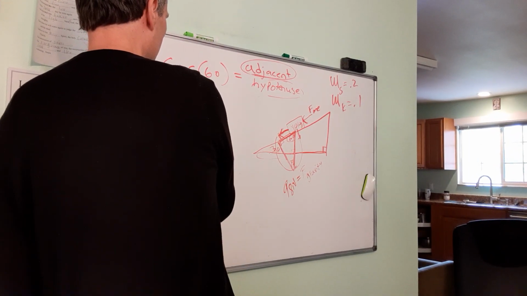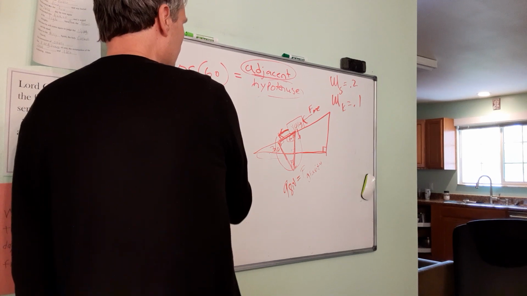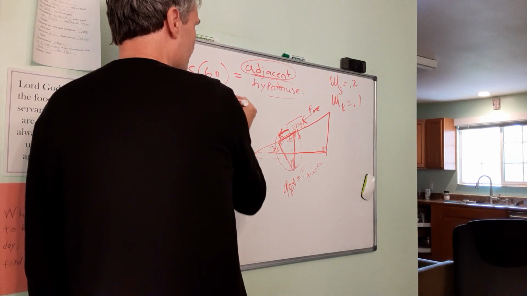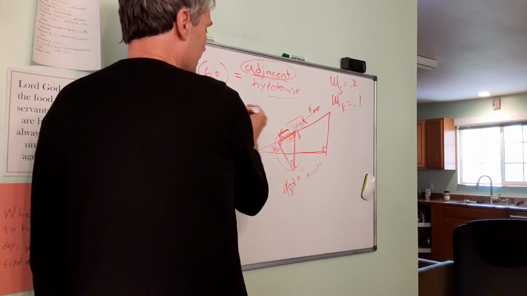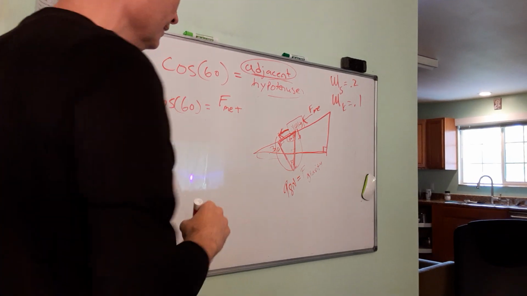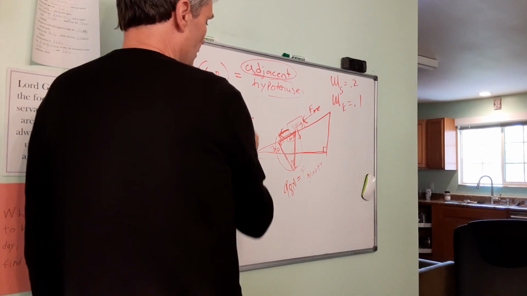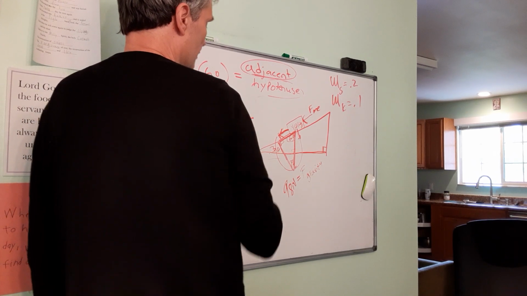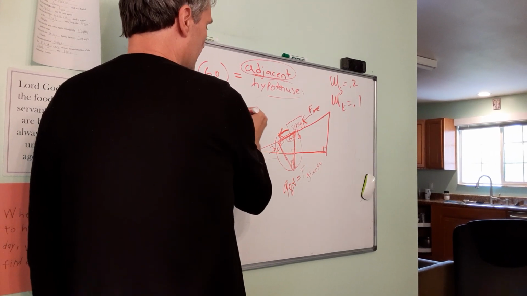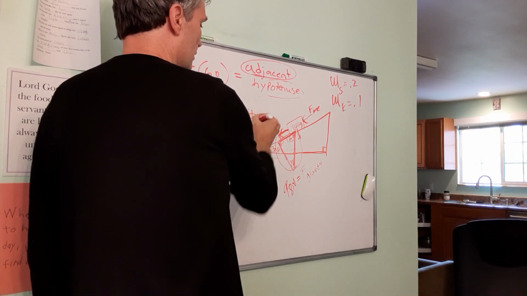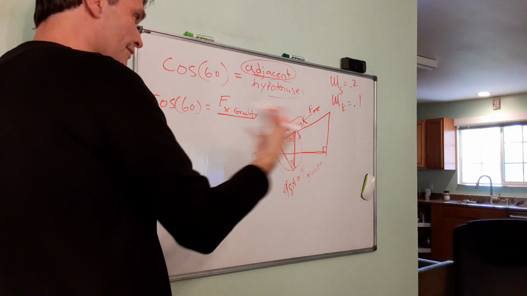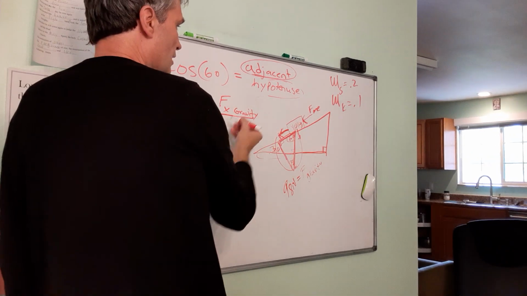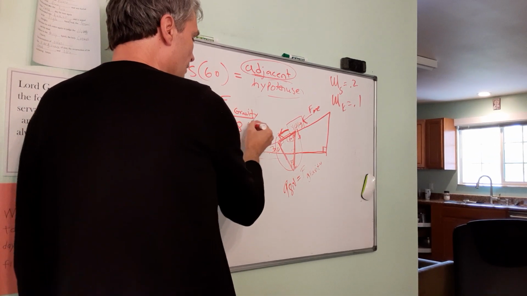So cosine 60 is equal to the force that's going to help me. We call it Fx gravity. That's actually a better thing to call it. It's going to be the force of gravity in the x direction over the hypotenuse, which is 98 newtons.